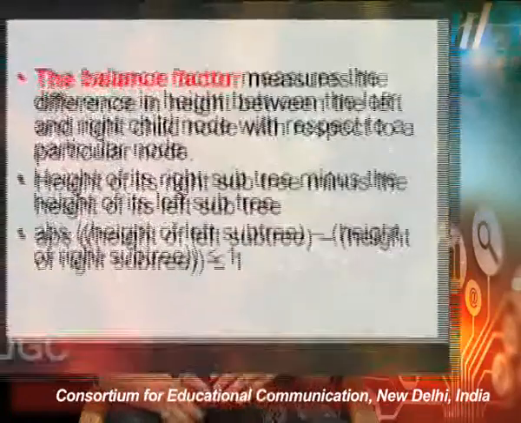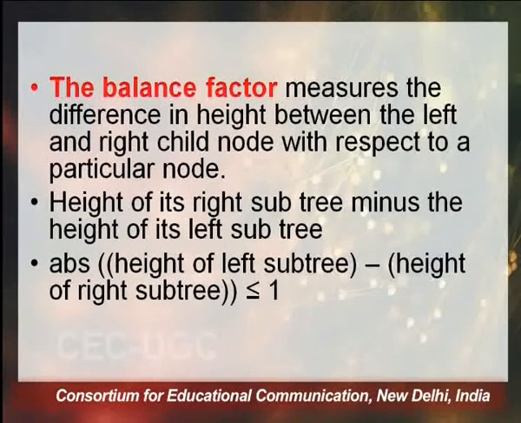Now please recall that balance factor here is associated with each and every node. I will be explaining this in a moment. So we can summarize the balance factor as the quantity which measures the difference in height between the left and right child node with respect to a particular node.